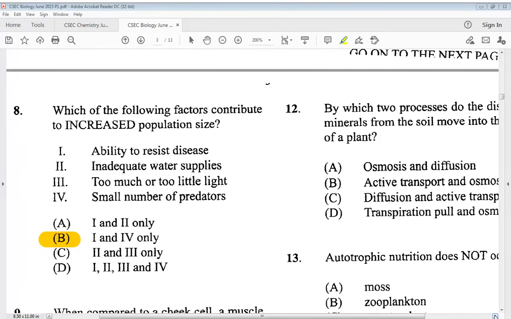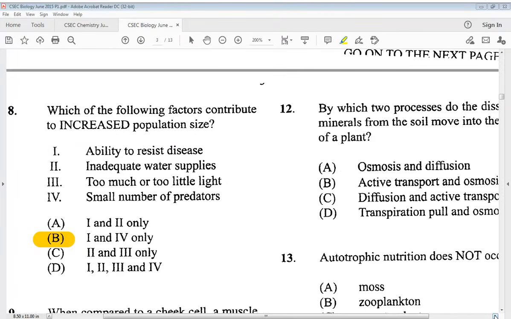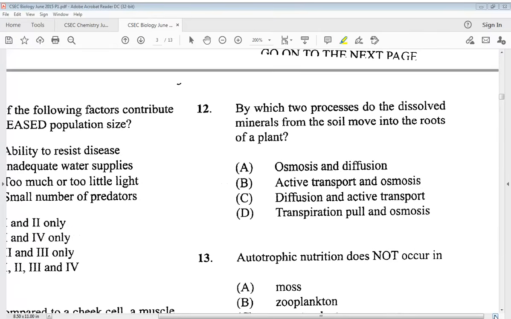Let's go to number 13, or sorry, 12. It says, by which two processes do the dissolved minerals from the soil move into the roots of a plant? A, osmosis and diffusion. B, active transport and osmosis. C, diffusion and active transport. Or D, transpiration pull and osmosis.